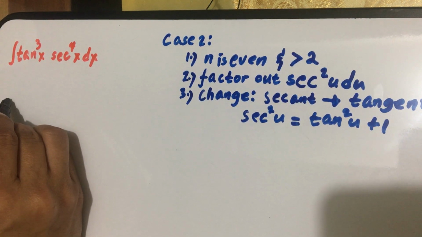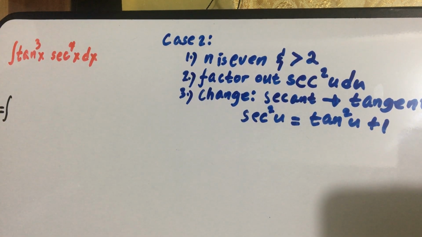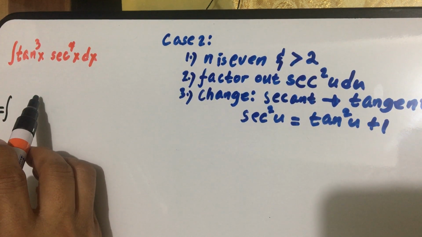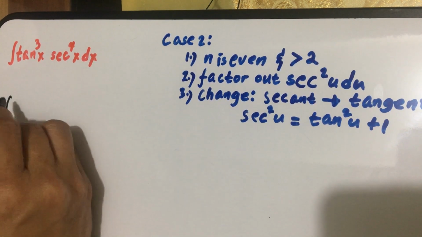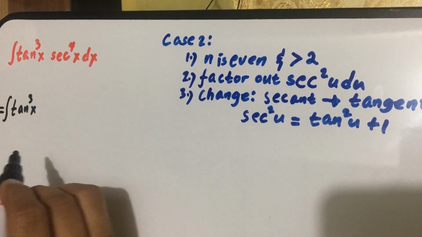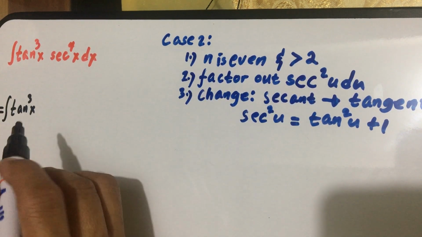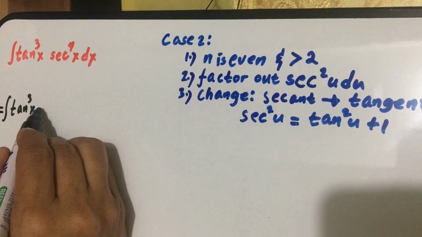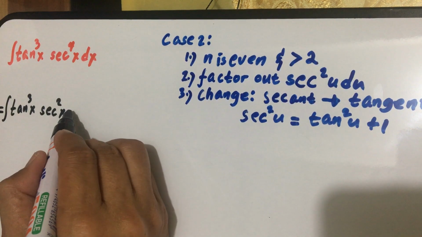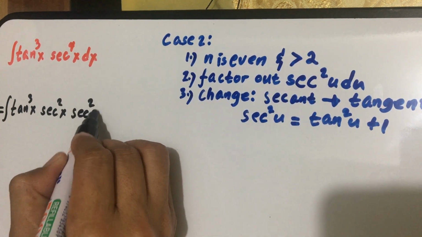So this can be written as the integral of tangent cube x, then we break secant to the fourth into two factors, secant squared x and secant squared x, then dx.